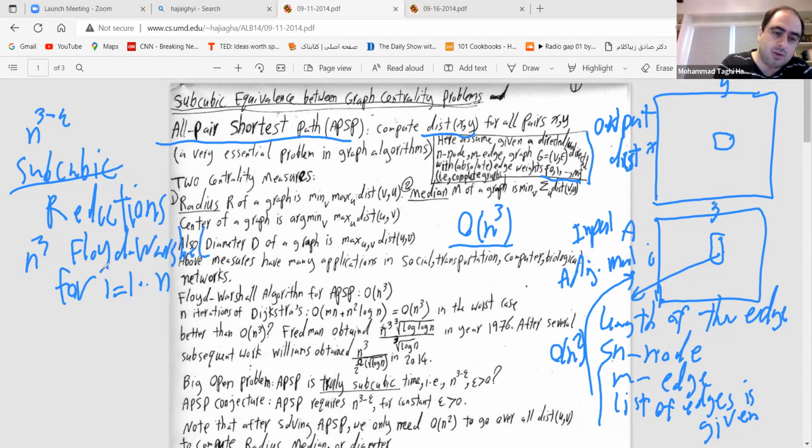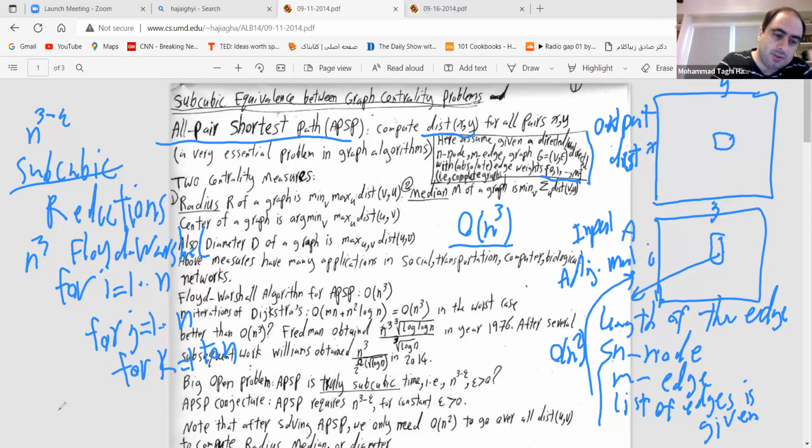So for i equal to 1 to n, then the other one is for j equal to 1 to n. And the last one is for k equal to 1 to n.